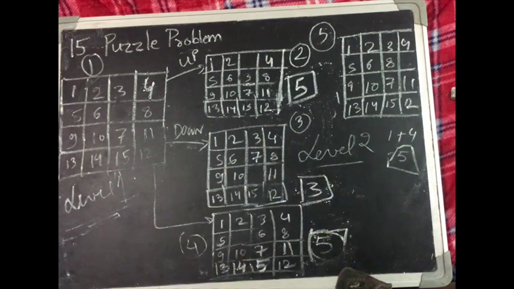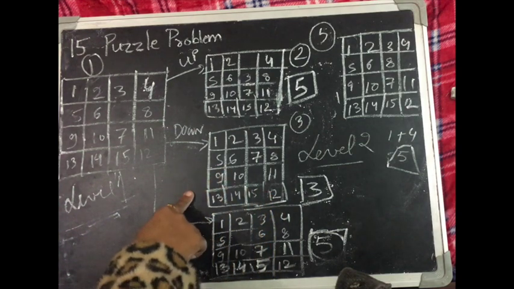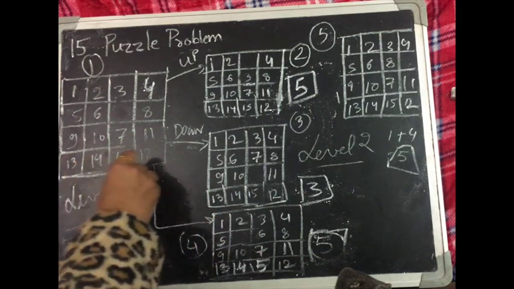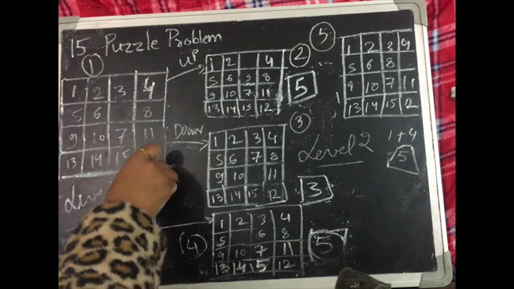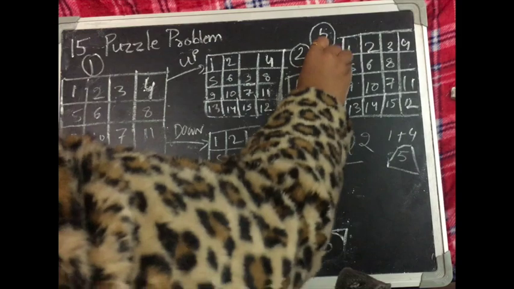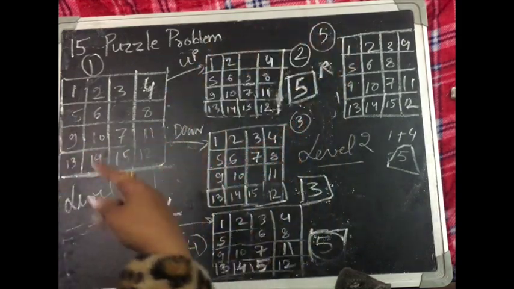So we see that I get the minimum C cap for node number 3. That is, from this level 1, I have to choose any one of these 4 moves. Now which move will I choose?